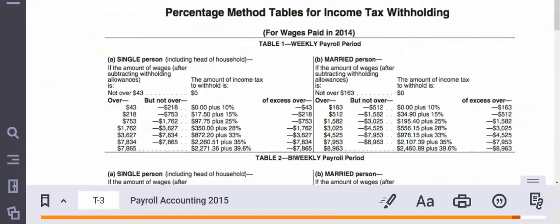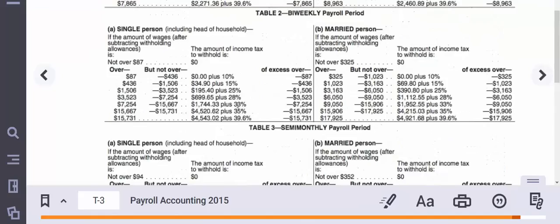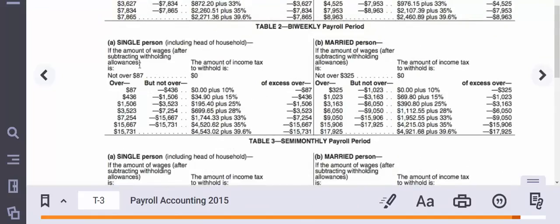So if we were using the old version of the textbook, since he is single and he is paid bi-weekly, we would use table 2, single, and then we would use the second row. Again, the rows are not really going to change with the new edition. What's going to change is the amount of income tax.